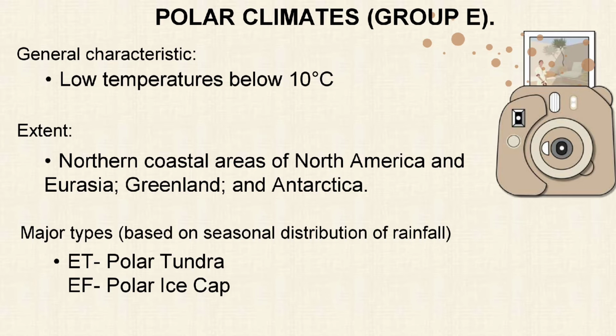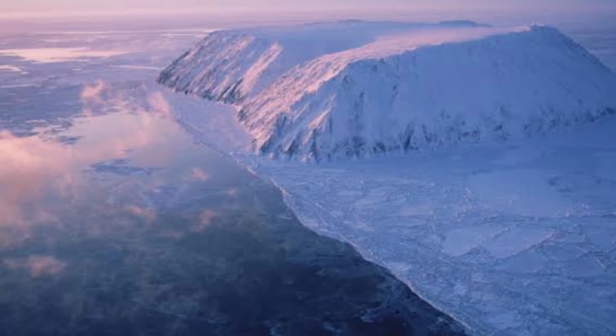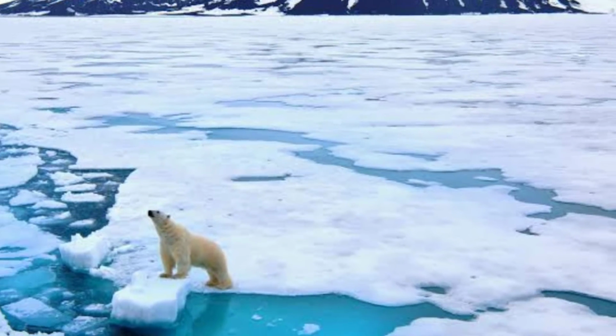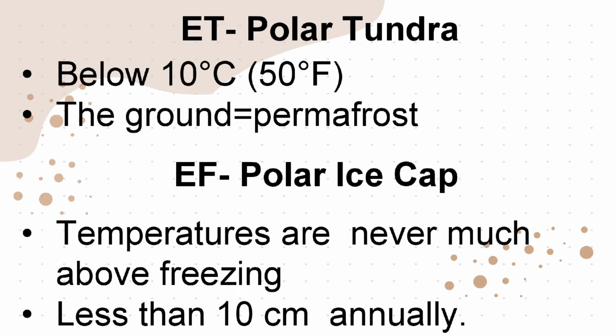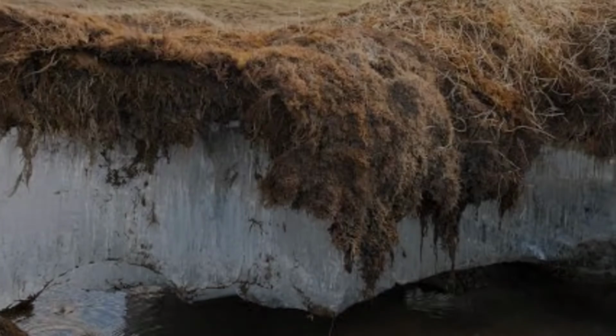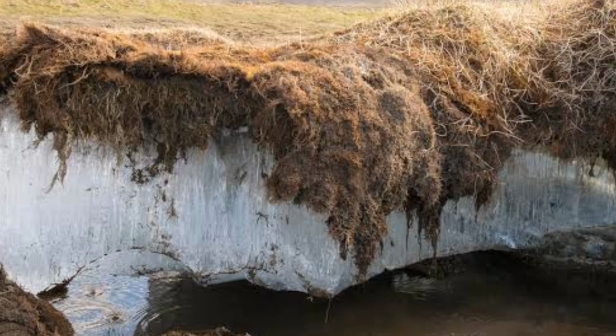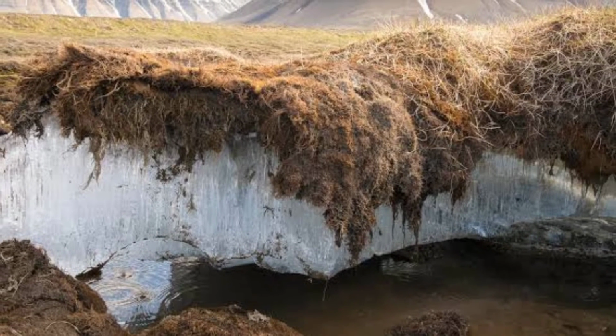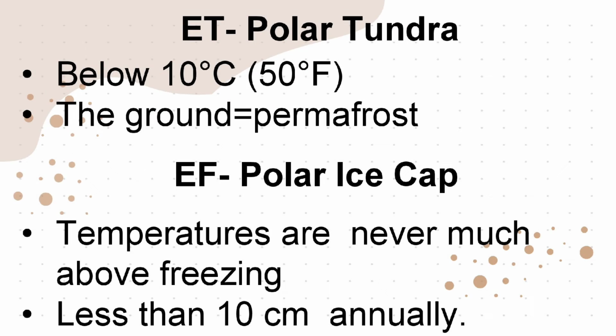Greenland and Antarctica. It has major types, which include polar tundra and polar ice caps. In the polar tundra, the average temperature of the warmest month is below 10 degrees Celsius or 50 Fahrenheit. The ground is permanently frozen to a depth of hundreds of meters, a condition known as permafrost.